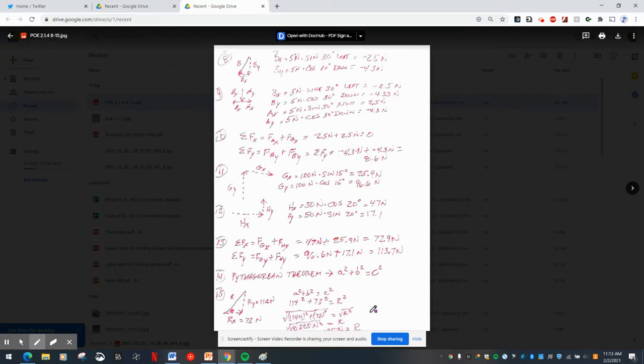So that comes up to 18,325 newtons squared. And we're going to take the square root of that, okay? And that becomes 135 newtons. You can't see that there, but that's what it is, 135 newtons.